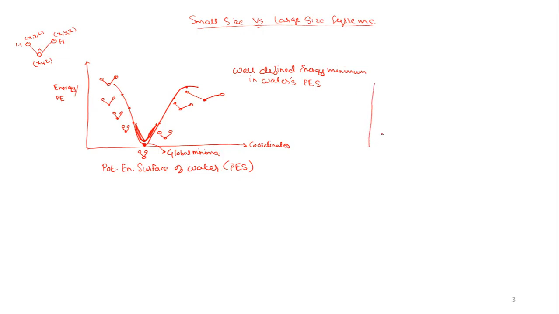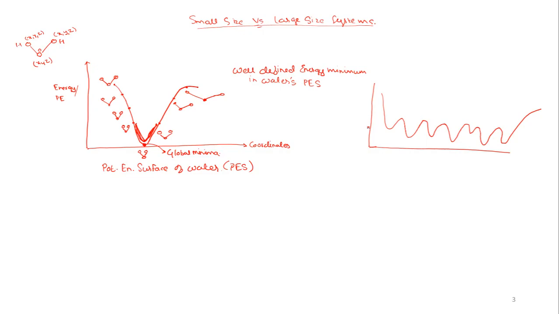When we deal with a protein in a solvated system, you won't observe a single minimum. You might observe a large number of minima in the potential energy surface when it comes to biological molecules or biological simulations like protein in water, ions and everything.